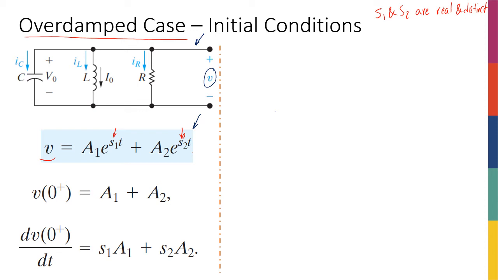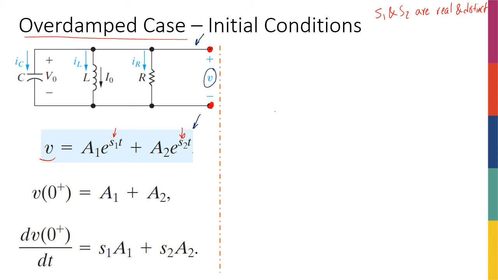How do I find them? No matter what their values are, the differential equation is still valid, so I cannot find them from the differential equation. Where do I find them? Initial conditions. This is the voltage across these two terminals, and it should be valid for all times, including time equal to 0.